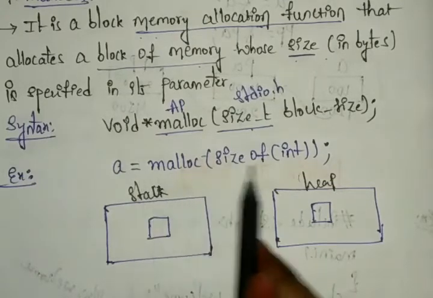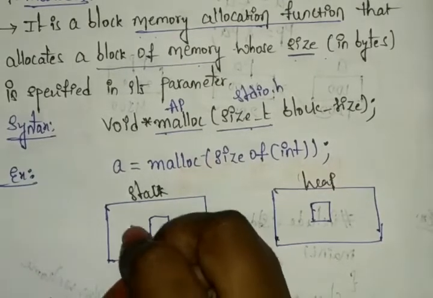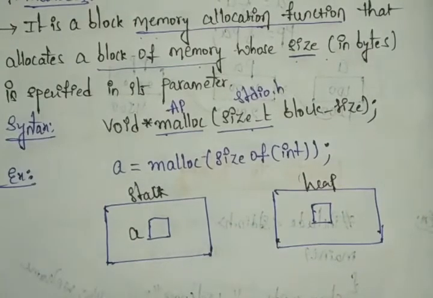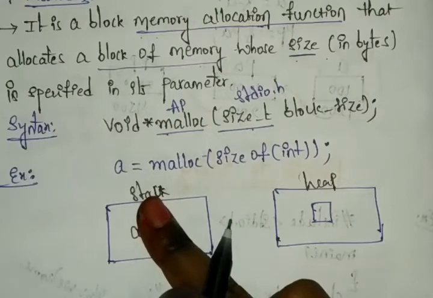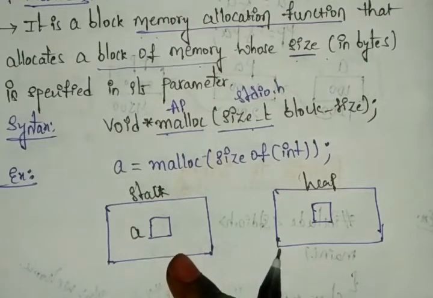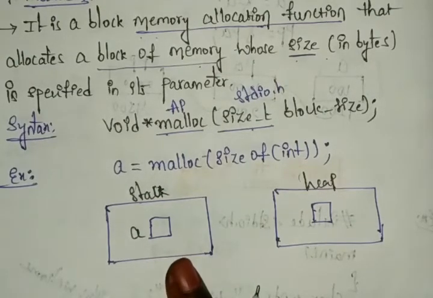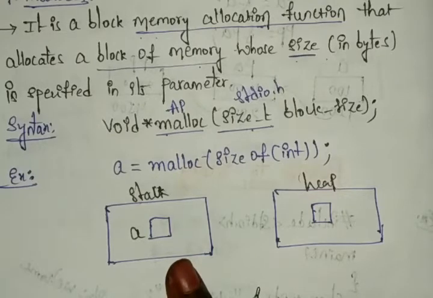Here we have a = malloc, so we are taking the variable a. Whatever variables you have are held in the stack.